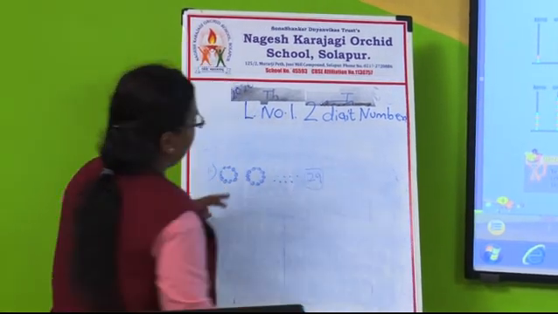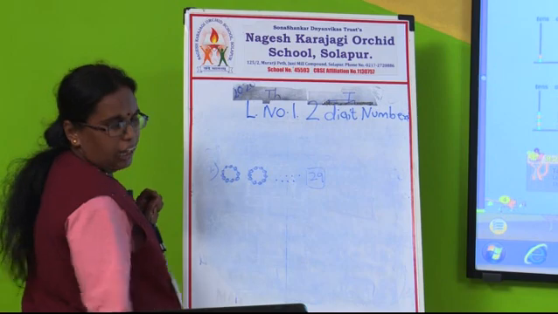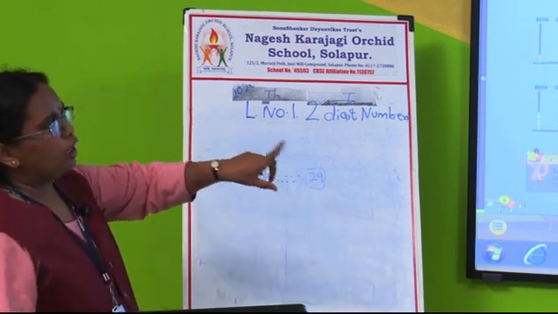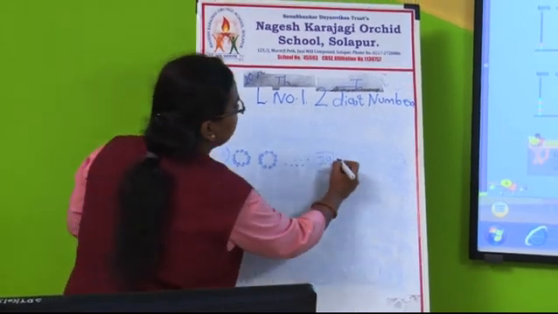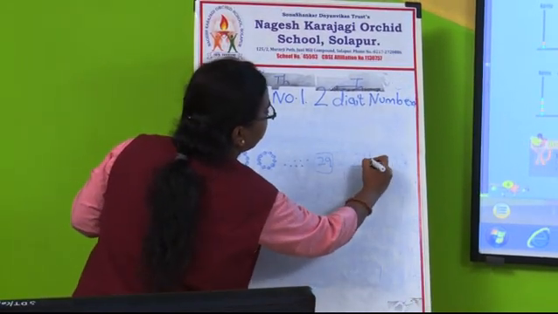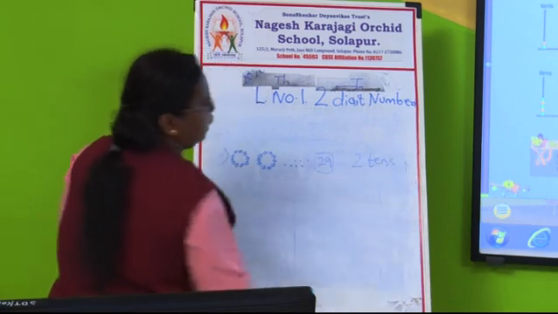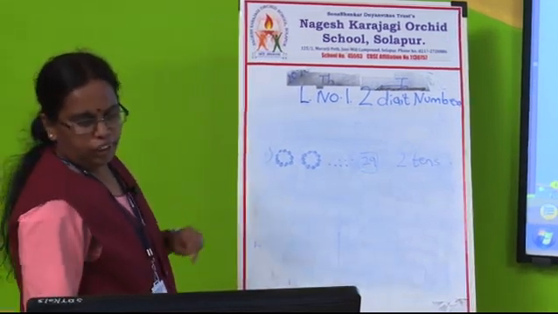So, how many tens are there in this? They have told to draw only how many tens are there in this number. Only 2 tens. Got it? In this way you are going to solve.